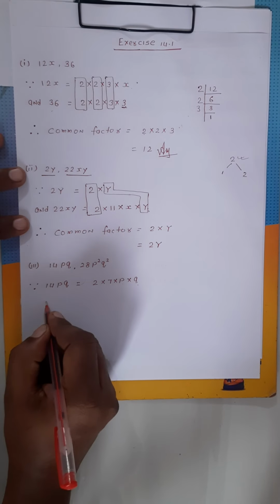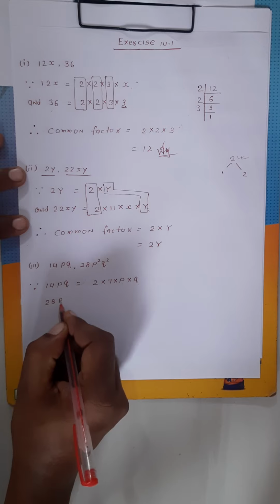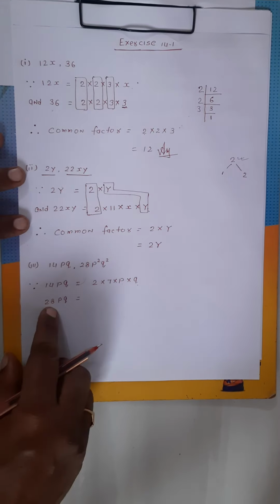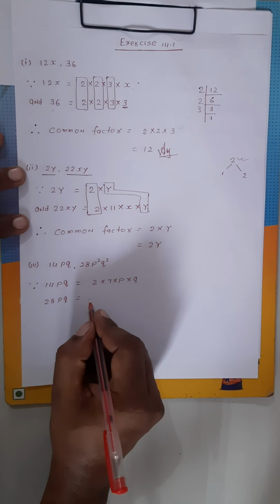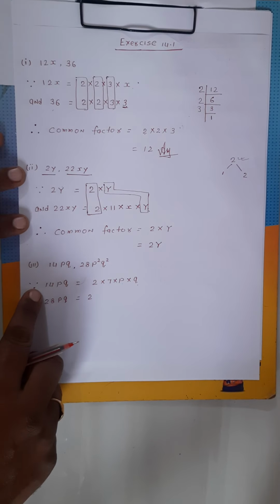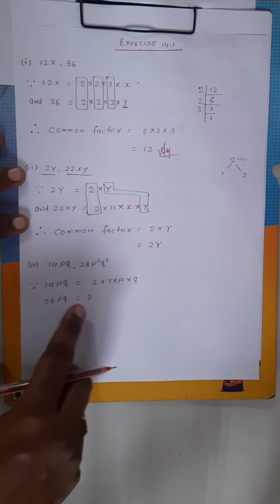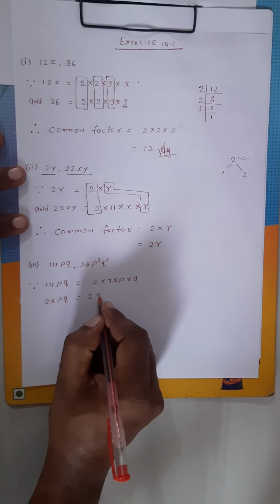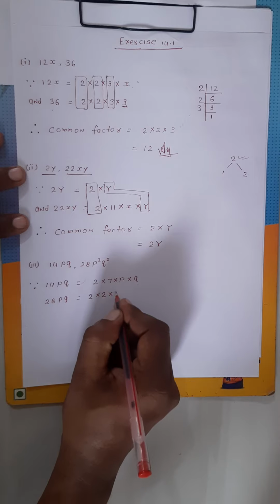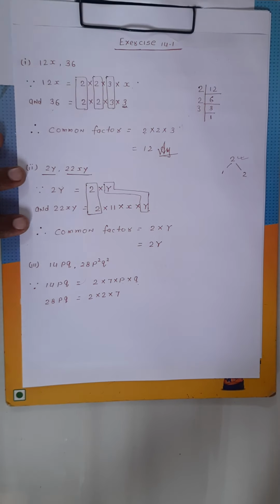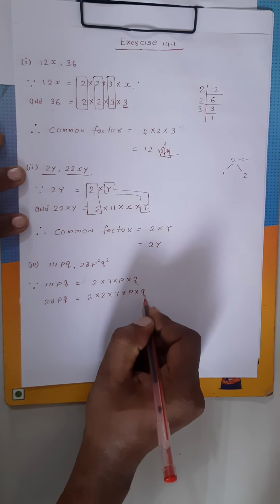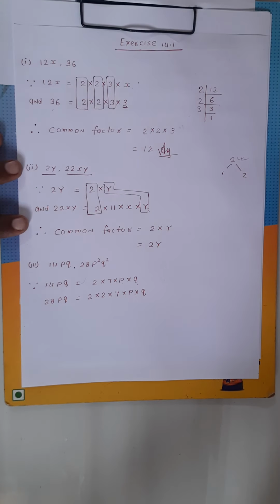Okay, now for the 28, again we will find the factors of 28. What will be the factor of 28? If we will divide by 2, the value will be 14. Okay, then if we will divide 14 by 2 again, this will come 7. Now the last digit will be 7. Okay, and pq is also in product with 28.